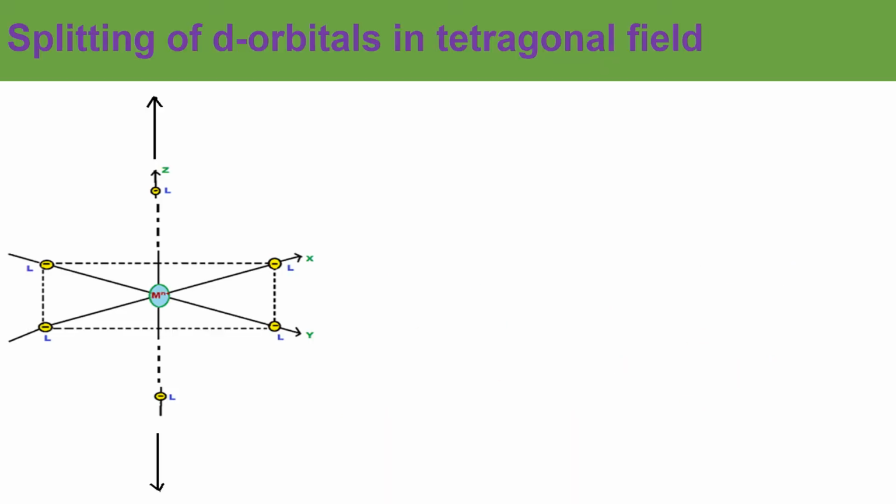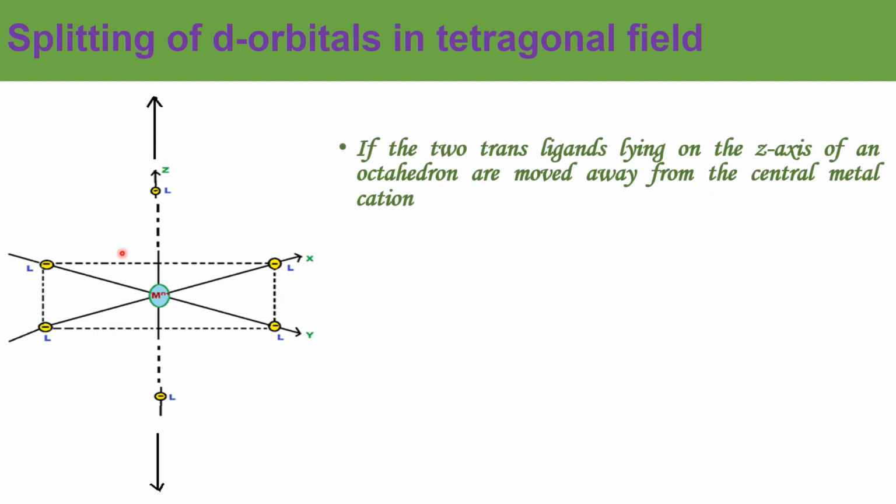Now we are going to study the splitting of d orbitals in a tetragonal field. You can see here an octahedral complex structure. Suppose the two trans ligands in an octahedral complex, that is on the z-axis, are moved away from the central metal cation.